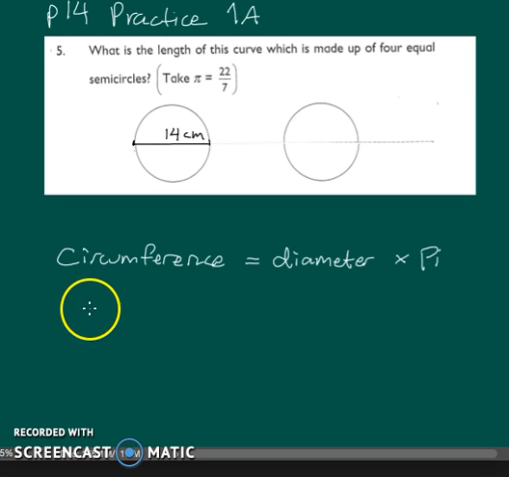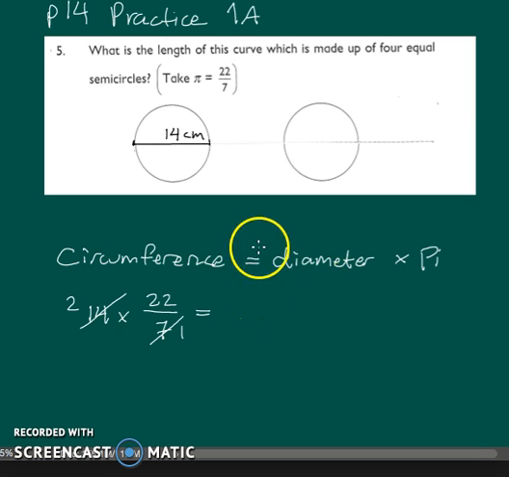So we have 14 is the diameter, so we will say 14 times 22 over 7. Here I can simplify by finding a common factor between 14 and 7. 7 will become 1 and 14 will become 2.